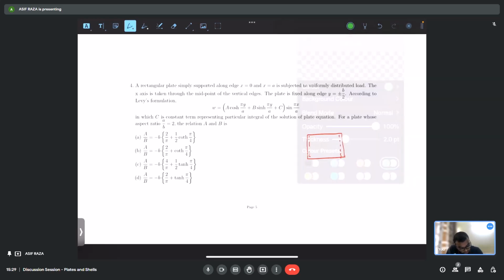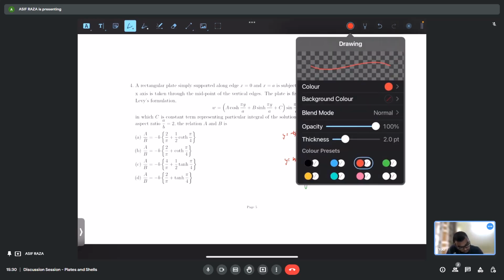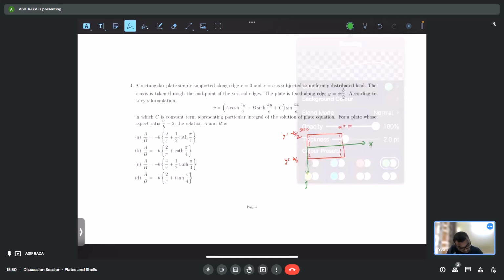So if we take this, x is this, y is this, so this would be x equal to 0, x equal to a, y equal to b by 2, and y equal to minus b by 2. So we are given that this is simply supported and this edge is fixed.